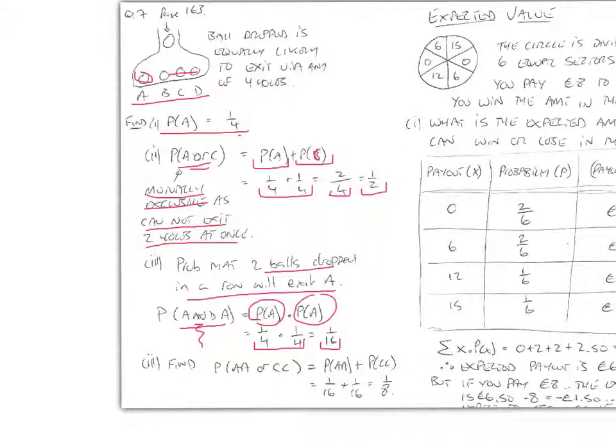And what if we're asked to find the probability of 2 balls being thrown in, both shooting out through A or both shooting out through C? Well, we have or here, so that means we add. So we look for the probability of them both going out through A, which we found is 1 in 16, plus the probability of them both going out through C, which is 1 in 16 as well. So it's 1 in 16 plus 1 in 16, it's 1 in 8.